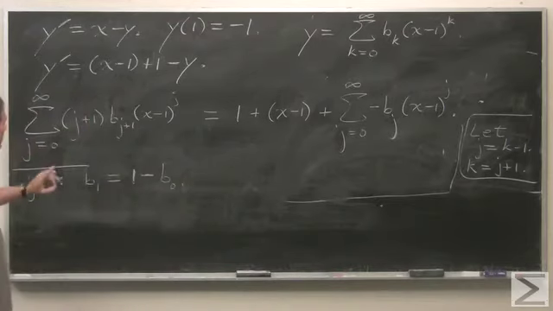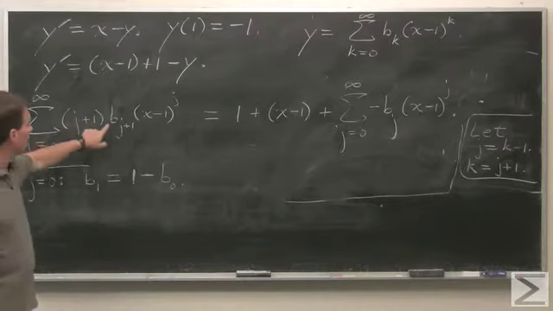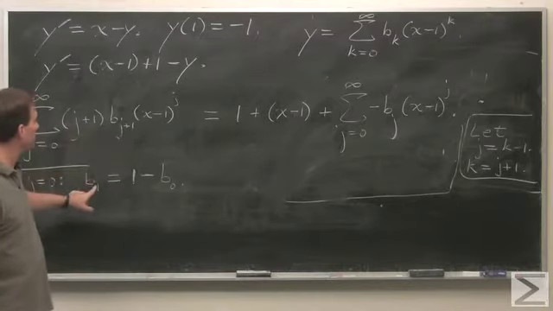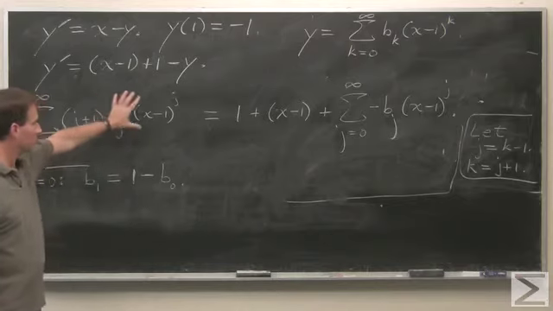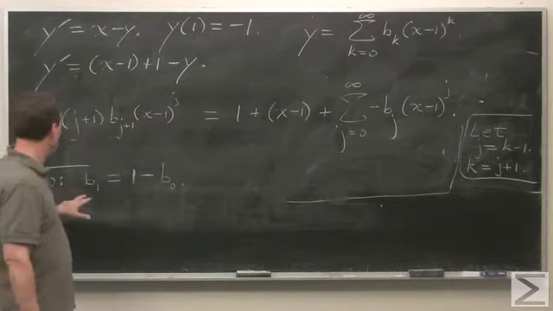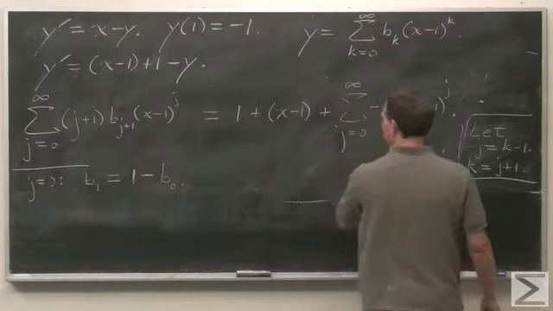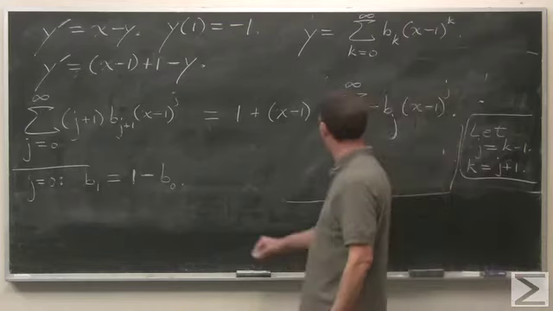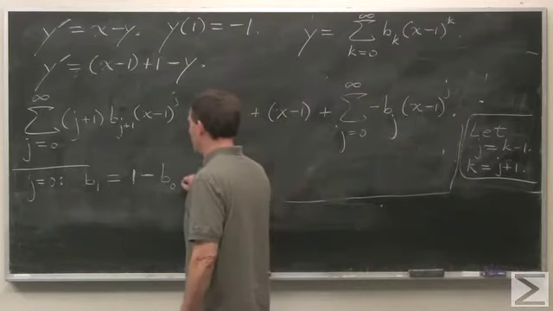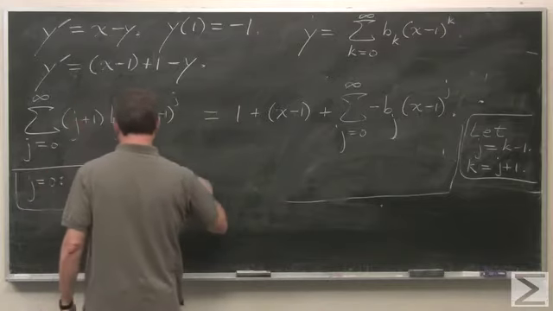So, right, let's check. It was constant term over here. When j is 0, you get 1 times b sub 1, we're just looking at the coefficient of the x minus 1 to the 0 term. 1 times b sub 1 equals constant term over here, 1 minus 1 plus negative b sub 0. So yeah, negative b sub 0. We get this.